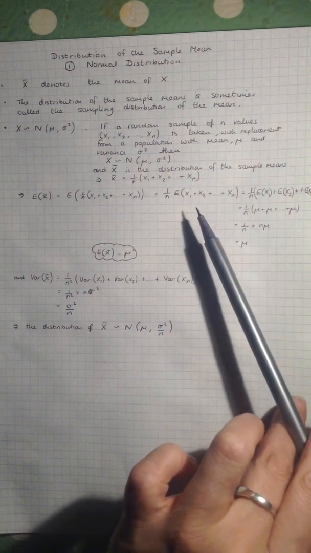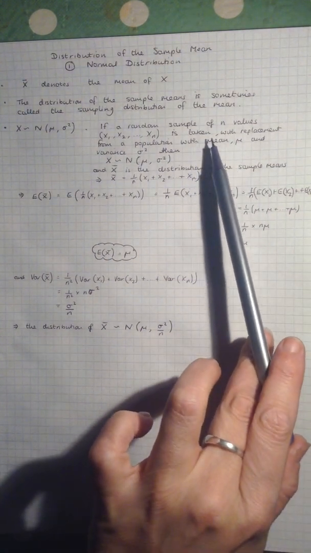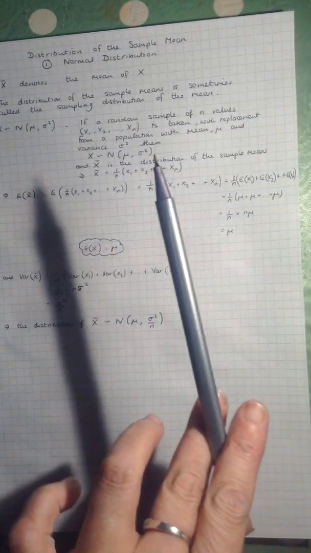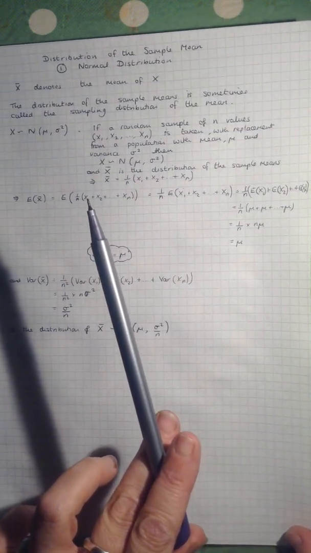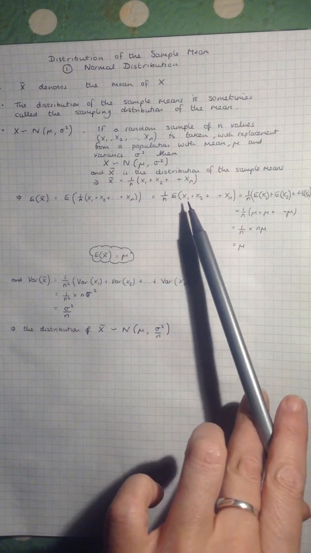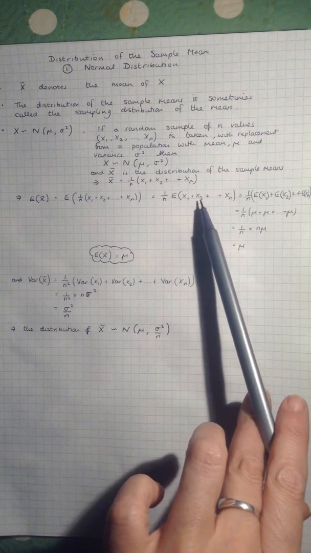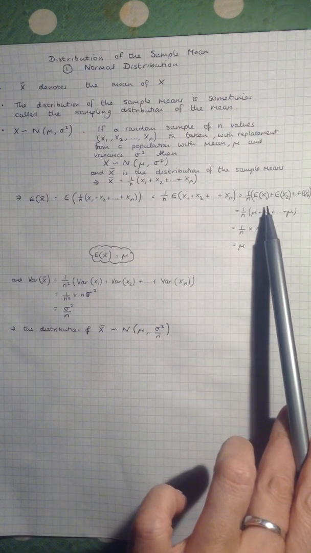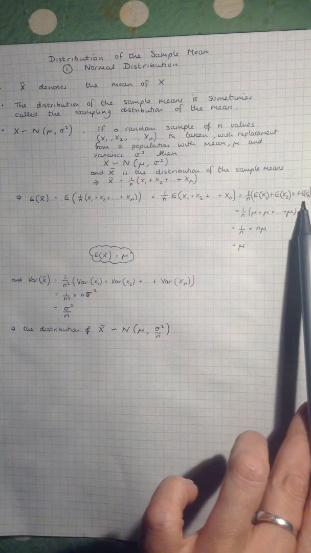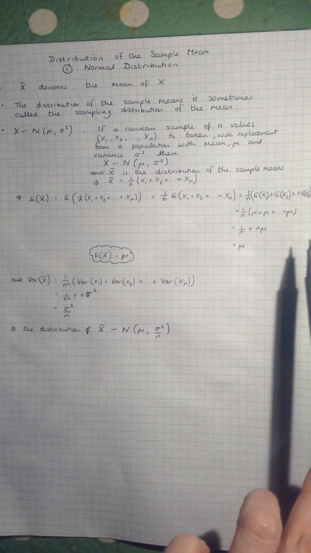Because we've used with replacement, each of these values is independent of the other. So E of all of this can be split up into E of x1 plus E of x2 plus all the way up to E of xn.